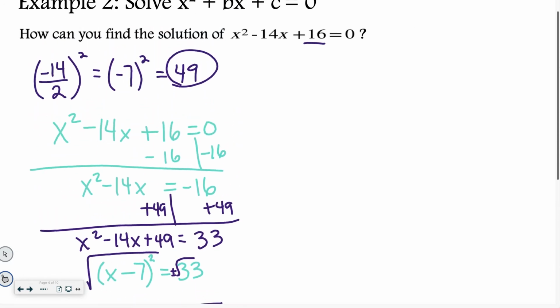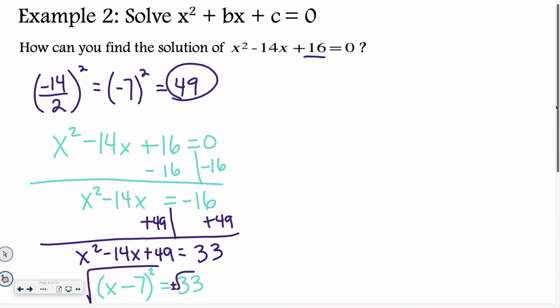The first thing I did was check to see if I had a perfect square trinomial by taking my b value, which was negative 14, dividing it by 2, which is negative 7, and squaring it, which is 49. Since the 49 did not match my c value, I knew that I needed to move the existing c value, that 16, from the left side to the right side.